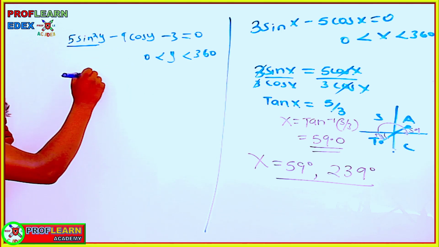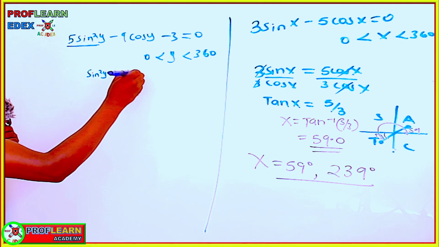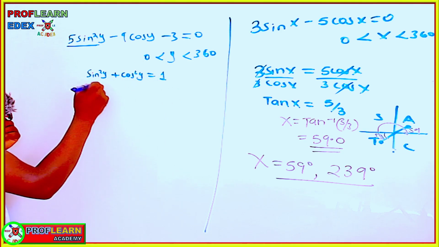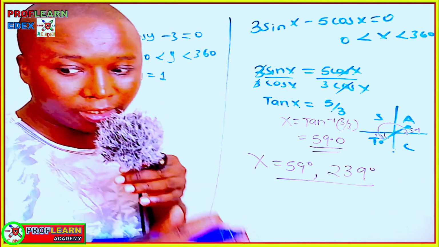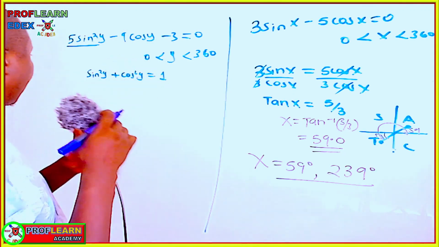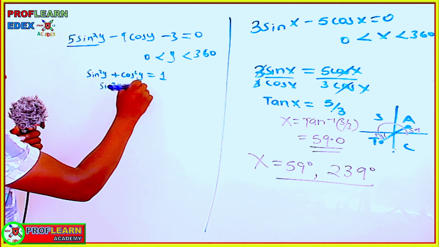We can say sine squared y plus cos squared y is equal to 1. Sine squared y can be expressed as what? We can take this to the other side and say sine squared y is equivalent to 1 minus cos squared y.